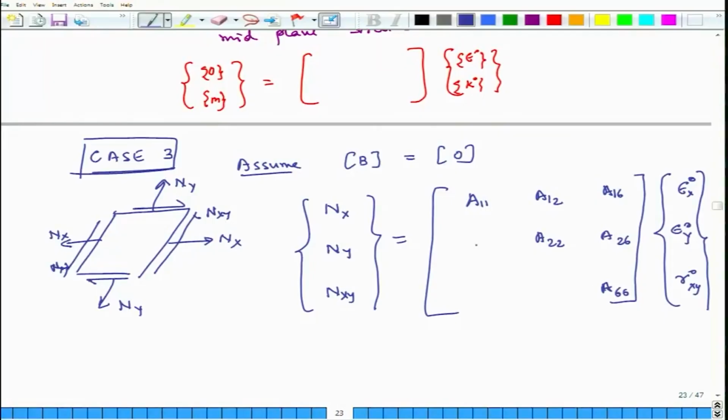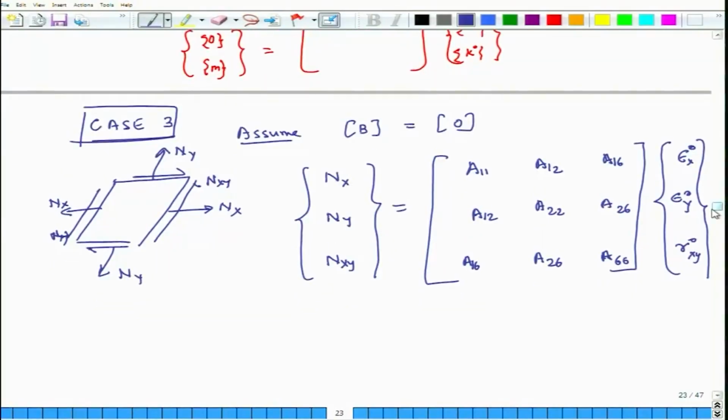Okay. Now, consider the case that we are applying only Nx on the plate.